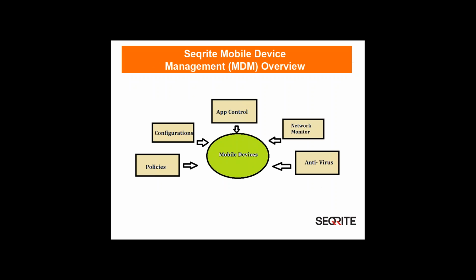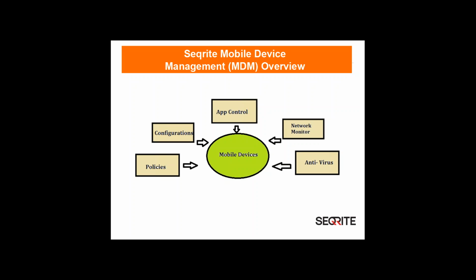We can also manage the device by applying configurations like web security, which can restrict the users by not allowing them to browse through any kind of websites. He can also map an anti-theft configurations, which, as the name suggests, will be helpful in case of device theft or loss of device, and so on.